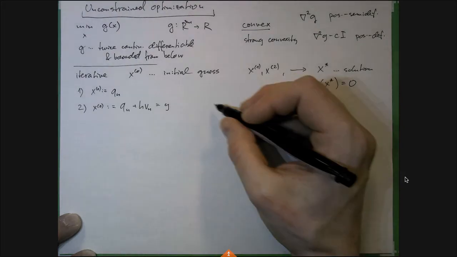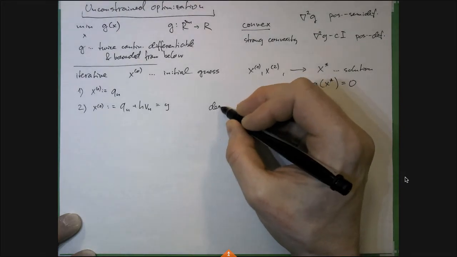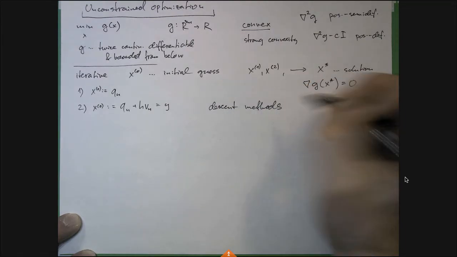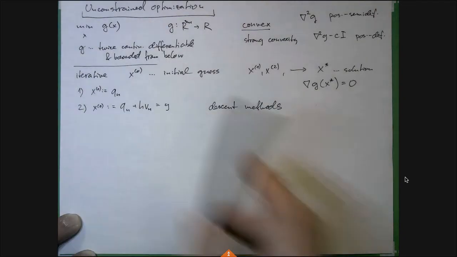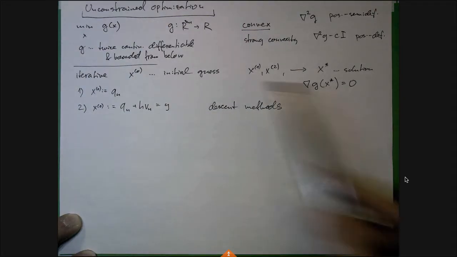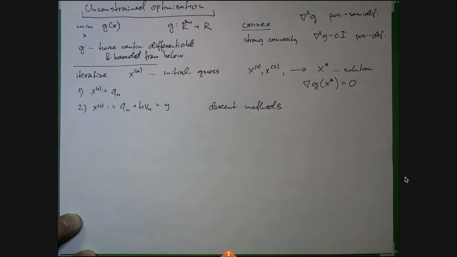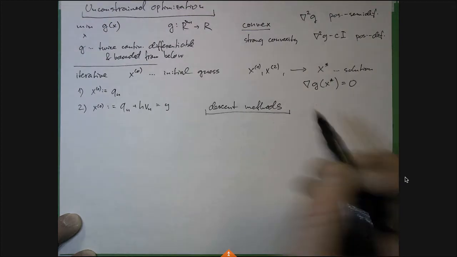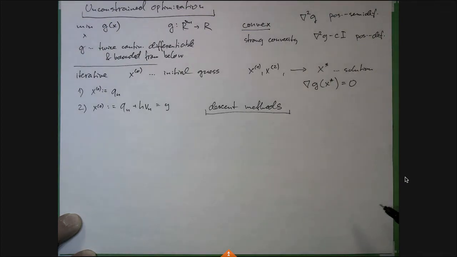So the standard thing to do are so-called descent methods. Because we are living in a pretty high dimensional space, even for a fairly coarse mesh you can easily have thousands of degrees of freedom. To deal with too many dimensions, we are going to descend only in one direction at a time.